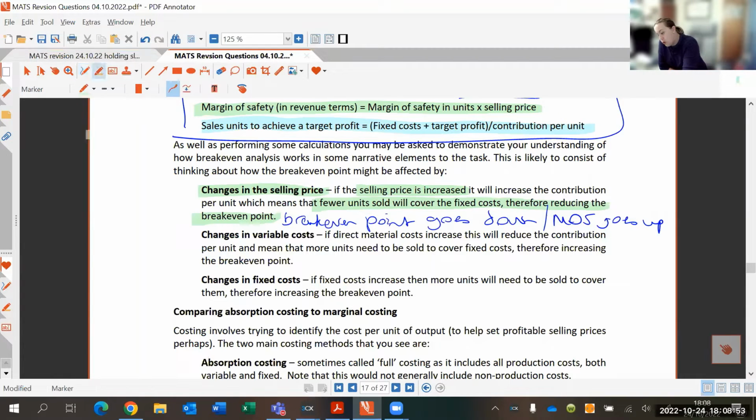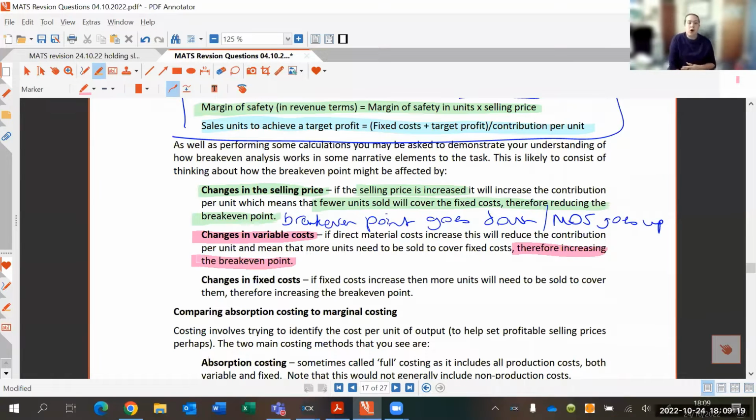You may also come across changes in your variable costs. So it might be that your material or your labour costs will go up. If they go up, then that means that you've got more costs and less contribution per unit to be able to cover your fixed costs. So usually if your variable costs go up, that will mean your break-even point has to go up to match it.